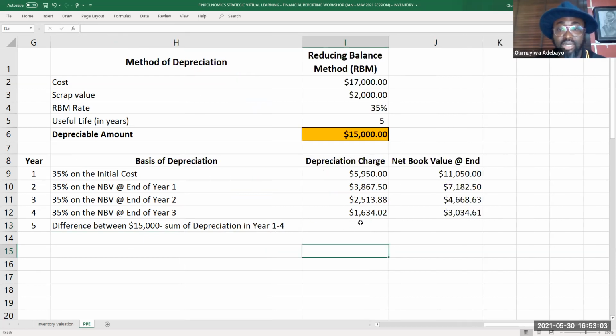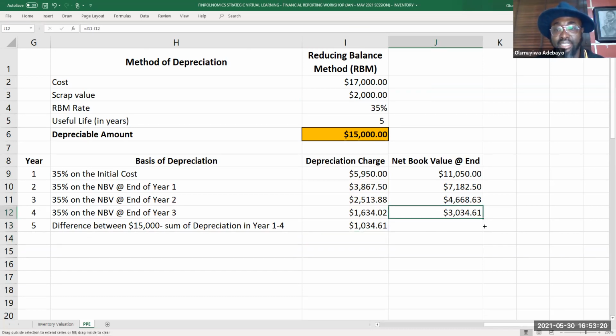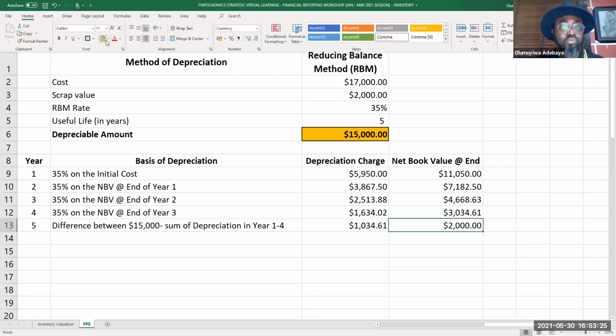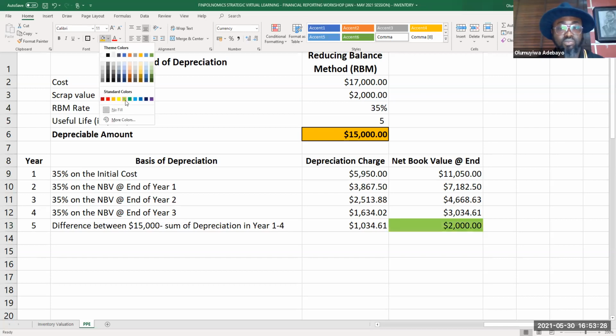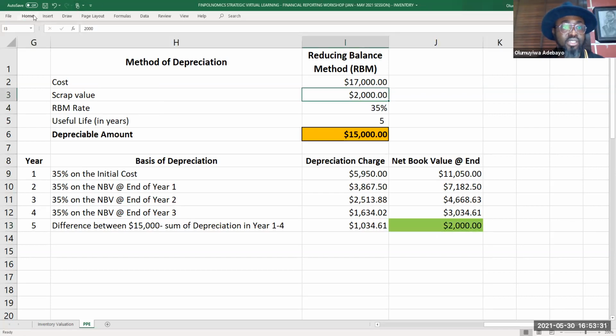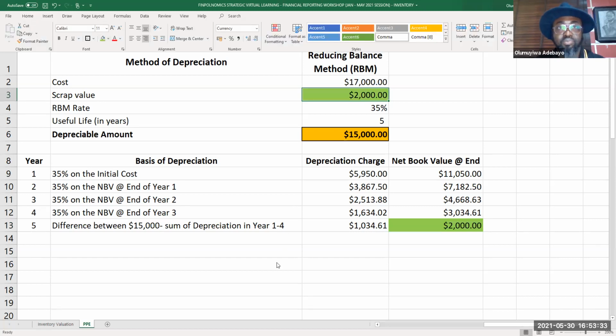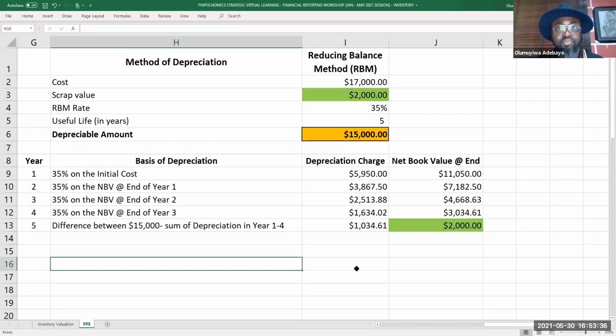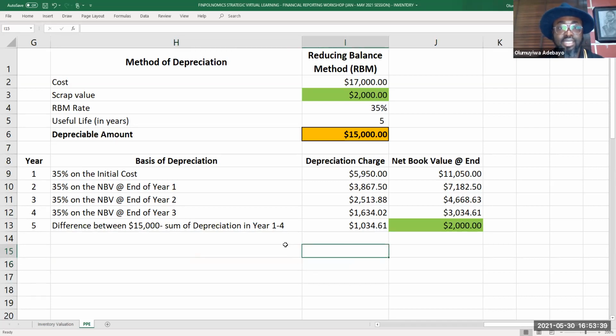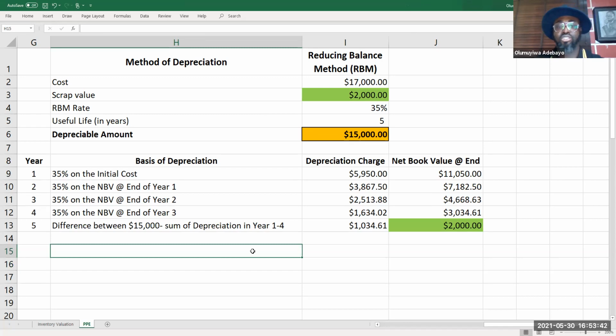Which means I'll say the 15,000 minus the sum of depreciation so far. And that gives me this amount. So that at the end of the day, my net book value will be what? 2,000. Which is this 2,000 here. Does that make sense? And that is that. Any question on reducing balance method?